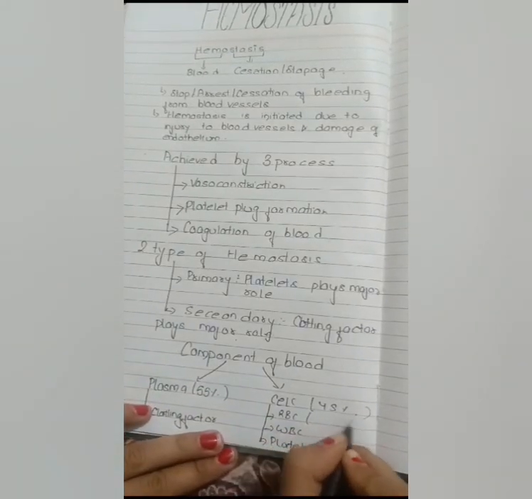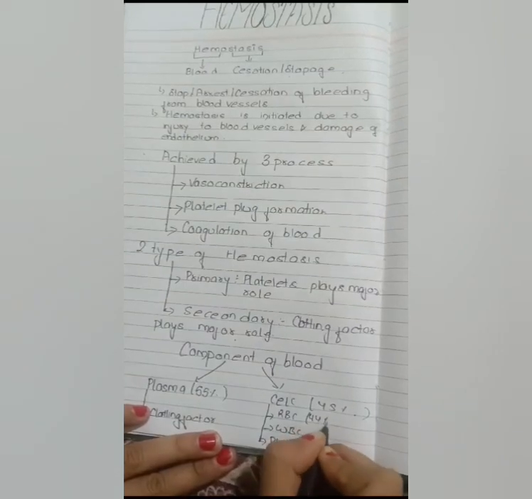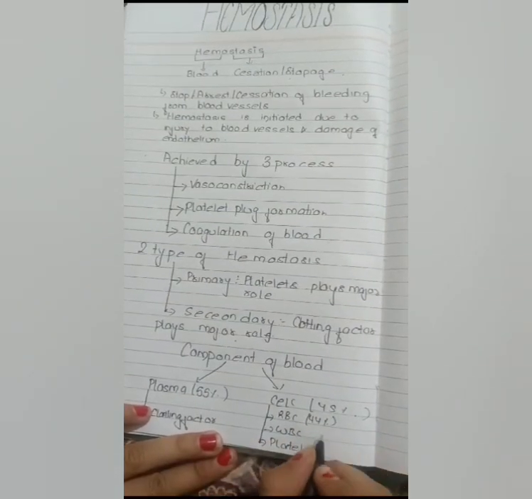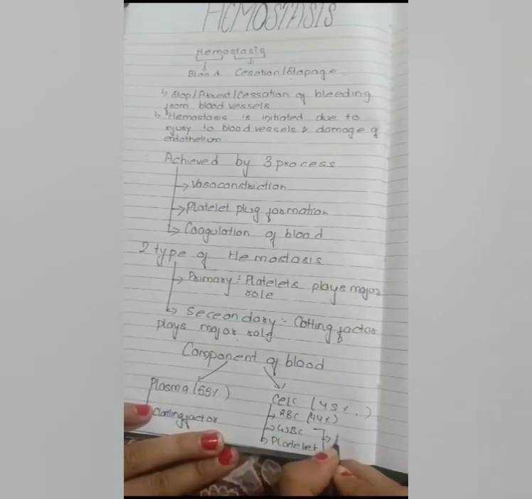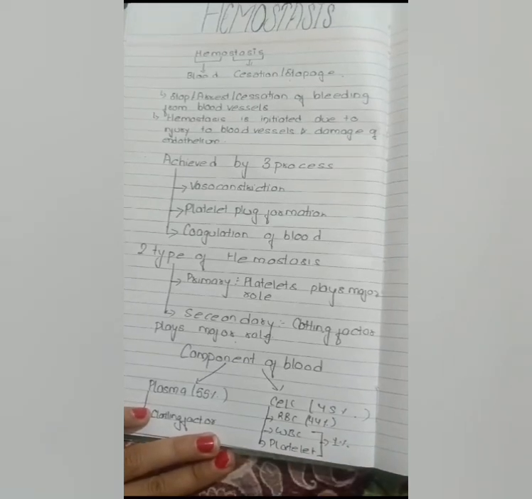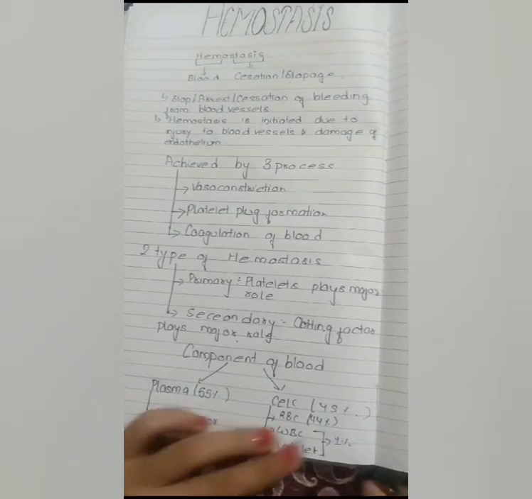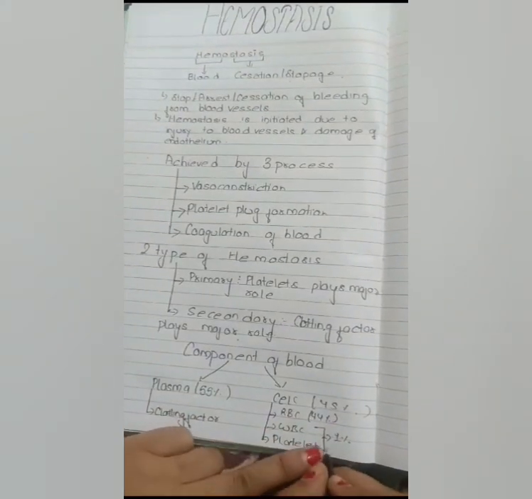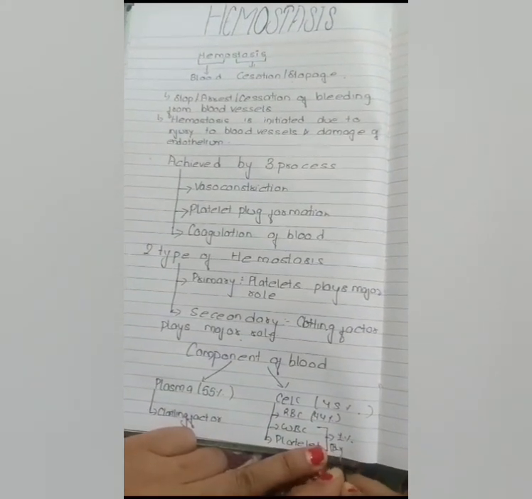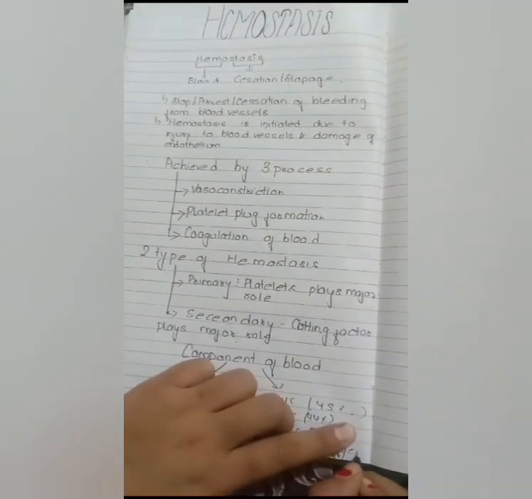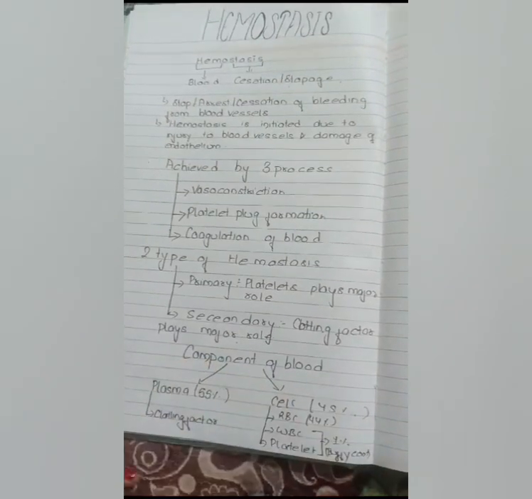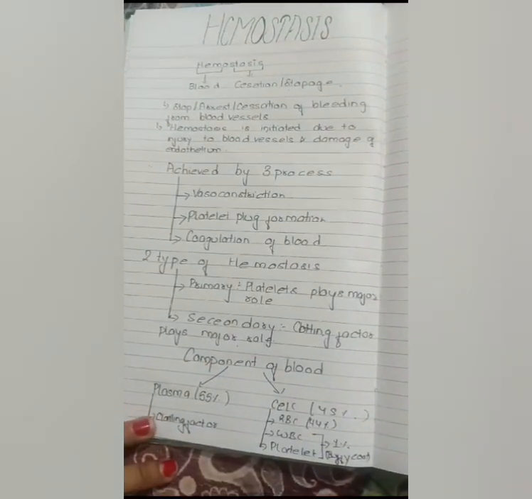Out of the 45%, 44% is RBC, whereas 1% is WBC and platelets. Therefore, WBC and platelets together are called the buffy coat. Okay, hope you all are understanding what I am saying.